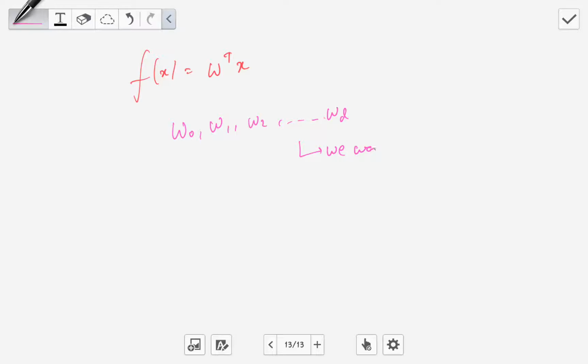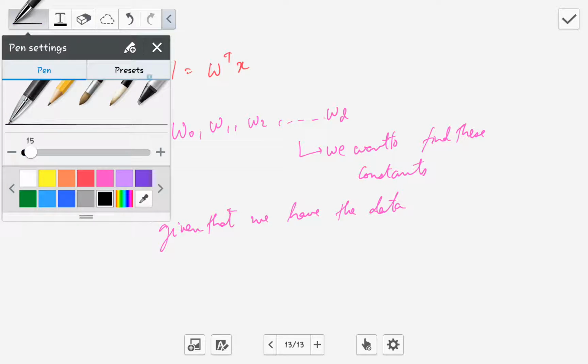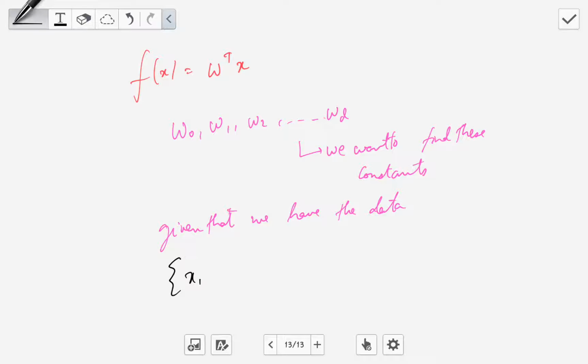We want to find these constants given that we have the data from the data generator. What is that data? x1, y1, x2, y2, so on up to xn, yn.